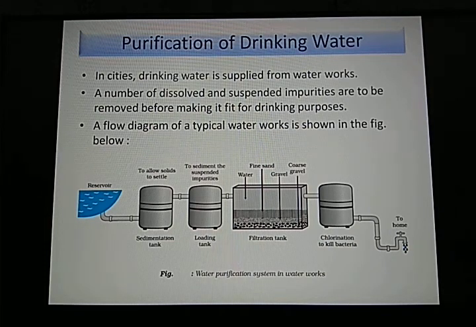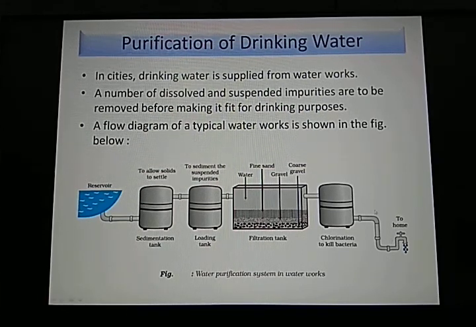And then it is transferred to the homes with the help of pipes. So you can see, with the help of this complete process, we can get the water which is fit for our purpose.